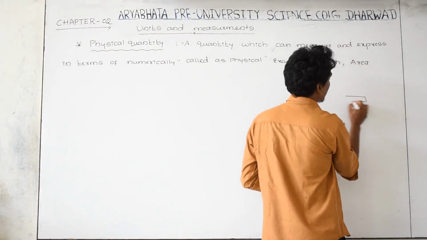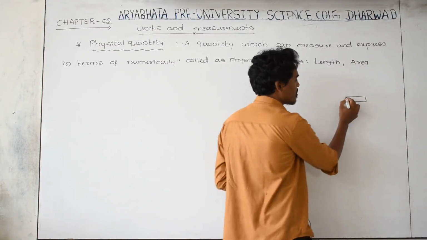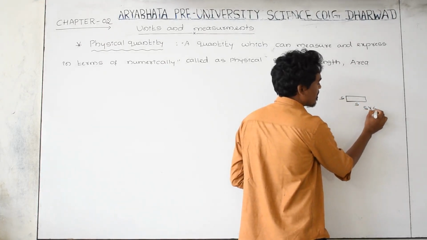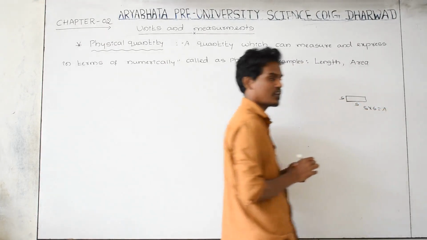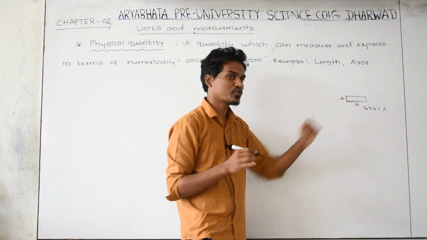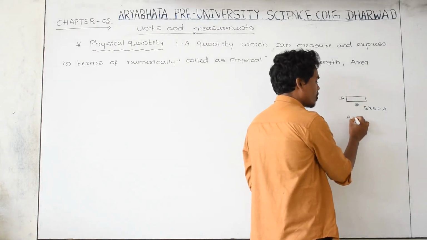For example, here one object is there. How to measure its area? Side into side, that is equal to area. Yes, it is possible to measure its area, and how to express? For example, its area is equal to 10 meter square.